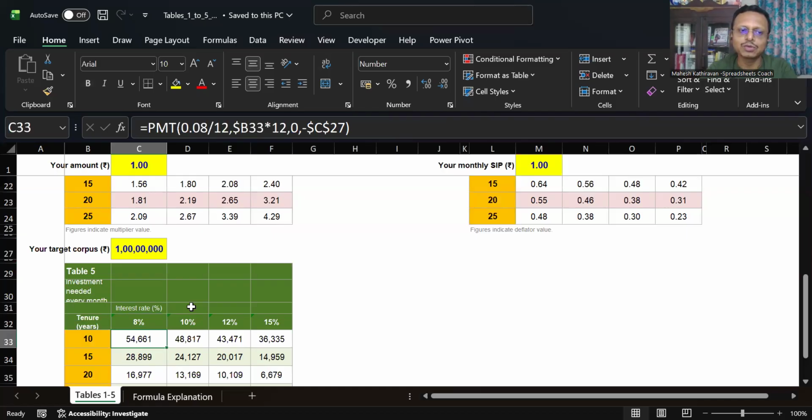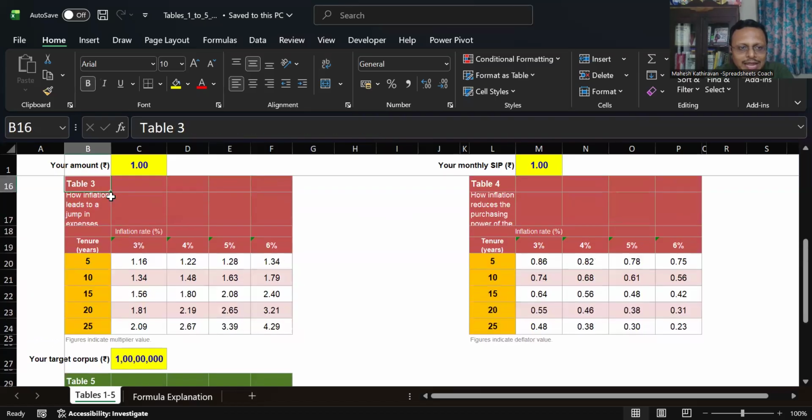That is around 54,661. Now, why I'm showing all four tables is to show the use of Excel functions in the financial domain. Also, it lets you track the numbers, which can enable you to talk in a proper way to your financial advisor, rather than just asking what kind of returns I am getting. This is very, very good.